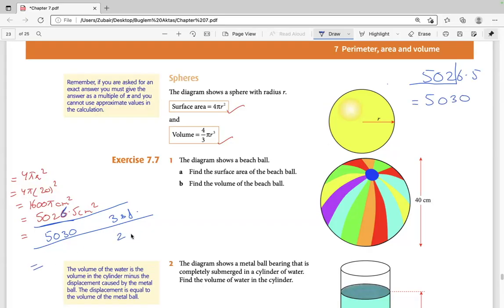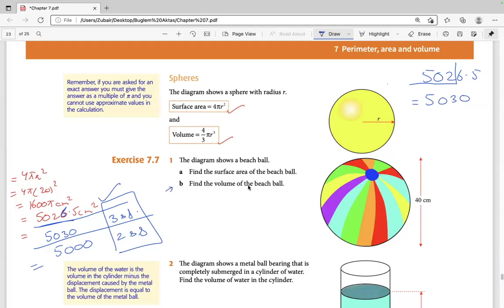If I have to write this original answer to 2 significant figures, what would I write? 5000. So this is what I was expecting, that you select any degree of accuracy and then we'll write that answer. Okay.